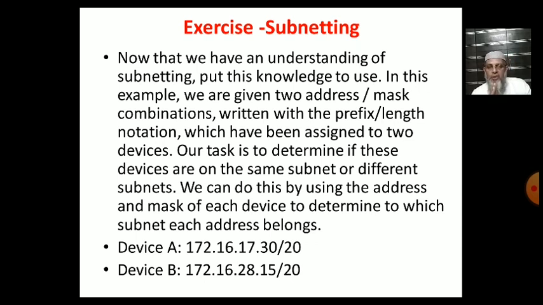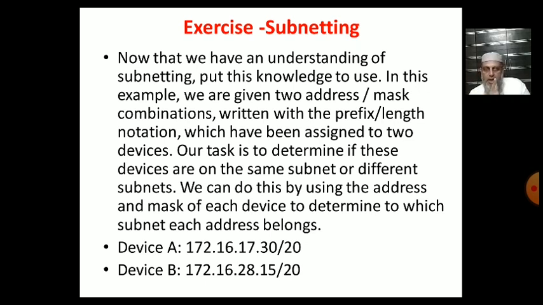Here we have to identify whether they are from the same subnet or from different subnets. Why are we calling it a subnet? Because if you were not using /20, both would clearly be class B IP addresses, and they might belong to one network.